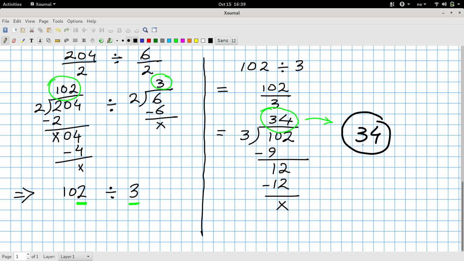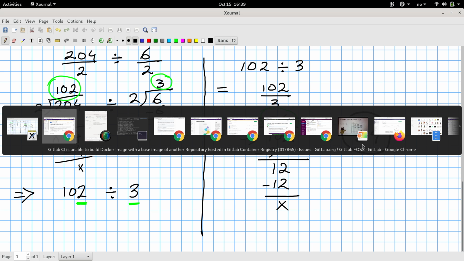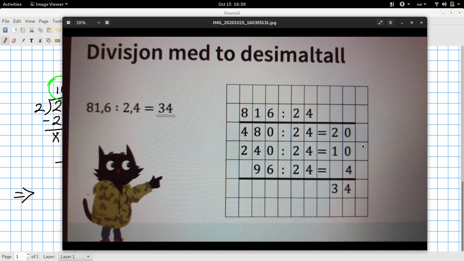And this is what I showed you. This operation also ends up with 34, but it shows the student absolutely nothing. And so the method I've shown you, now you know how to work it out.